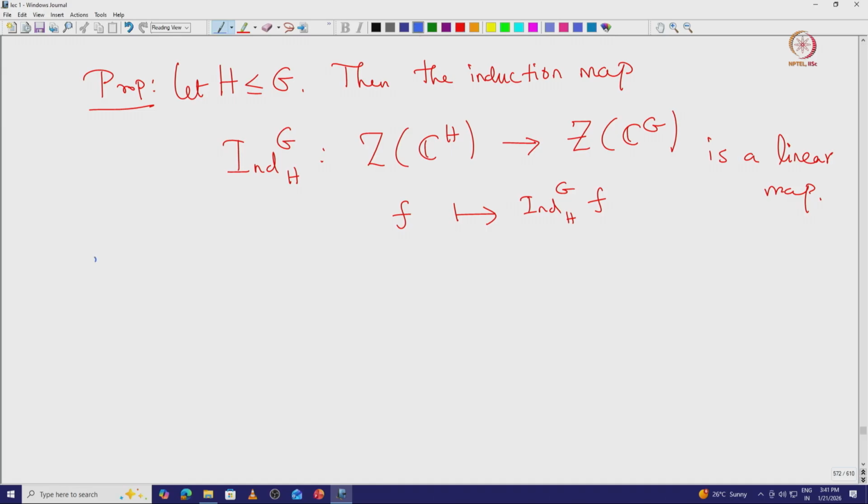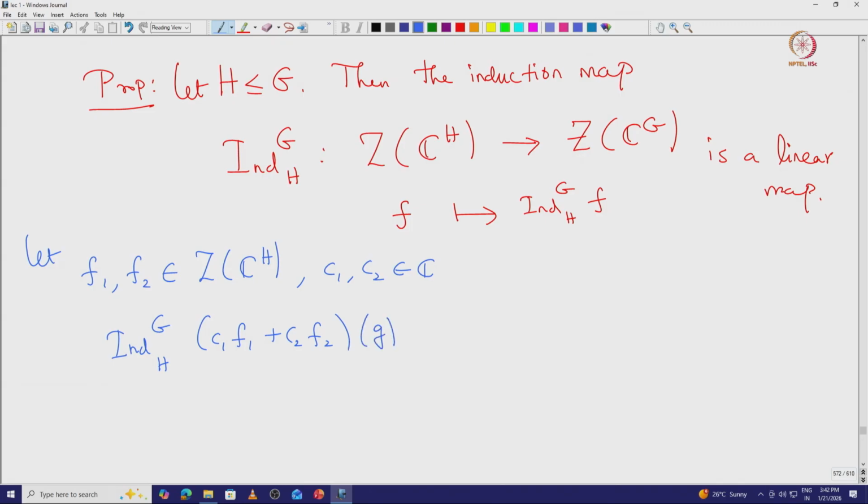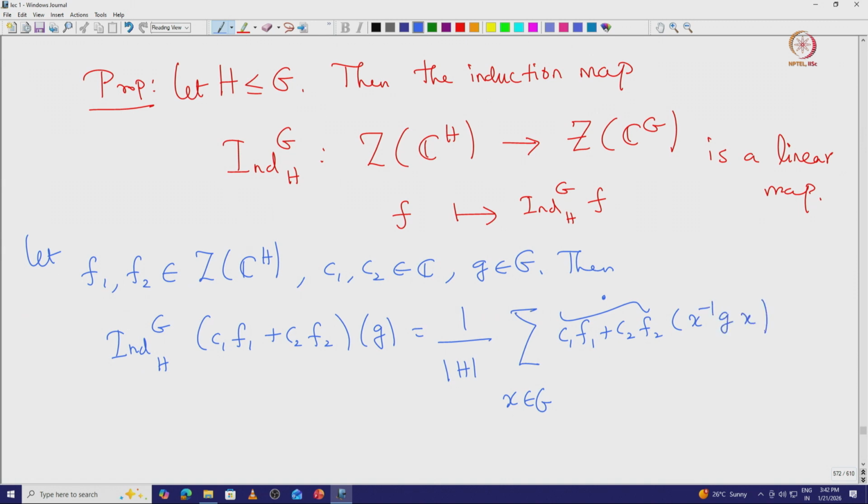So, if I take f1, f2 from the space of class functions, and c1, c2 from the complex numbers, then if you look at the induction G H of c1 f1 plus c2 f2 and you evaluate on g, where g is coming from capital G, this is exactly equal to 1 divided by the cardinality of H, summation over x in G, of c1 f1 plus c2 f2, where we take the dot of this, and then you apply x inverse g x.